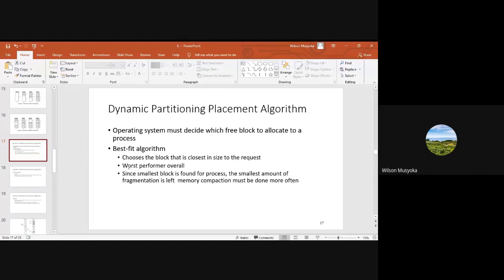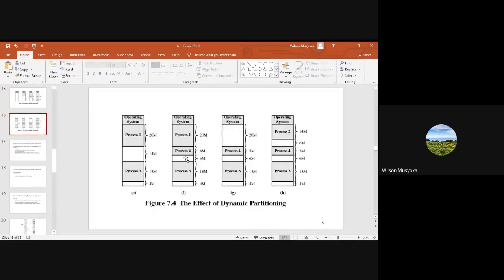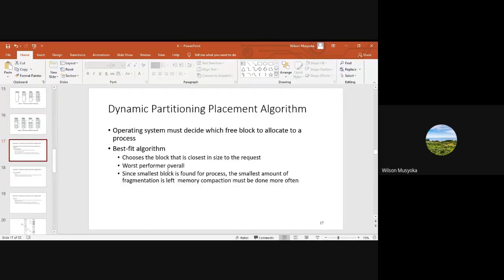It is the worst performer because, since the smallest block is found, the smallest amount of fragmentation is left. Here there is a fragment which is left, and here there is a fragment which is left. That is why we say it is the worst performer overall, because of those fragments.